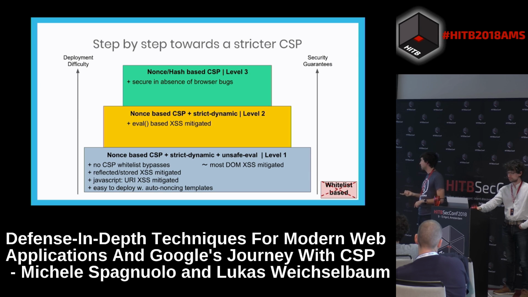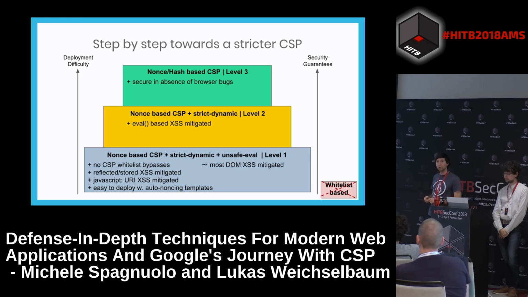As I said, stored and reflected XSS is mitigated, XSS through JavaScript UIs is mitigated, and most of the DOM XSS vectors are mitigated. Since most of the Google applications are based on Closure, we did not have any strict-dynamic bypasses on a Closure application yet, which is also quite good.